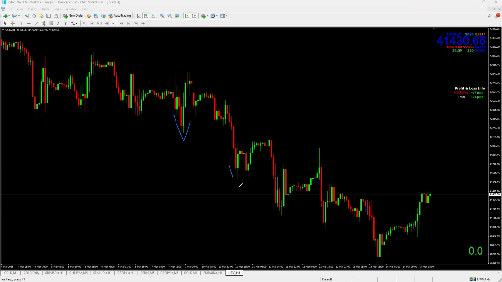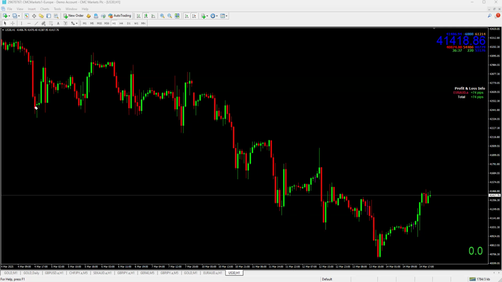Yeah, support and resistance. Well, more of structure. So these are structure, because when you talk of support and resistance and structure, they are different. People see them as the same, but they are not exactly the same.